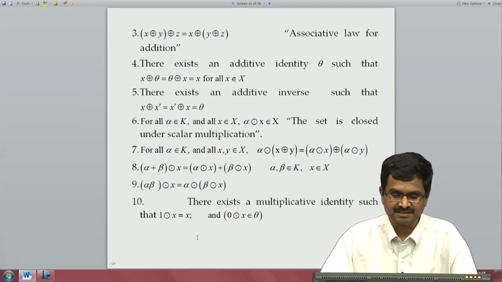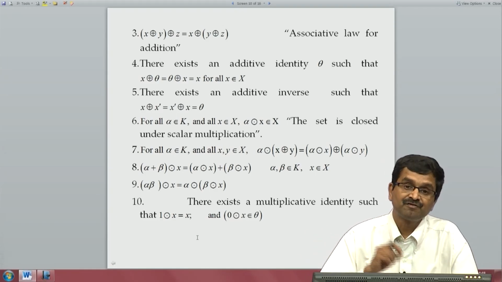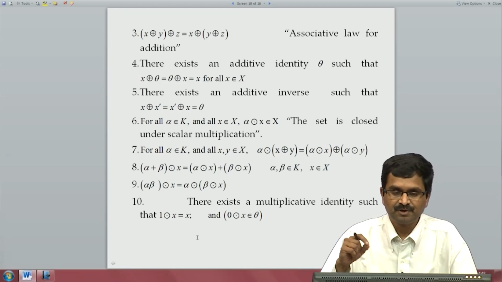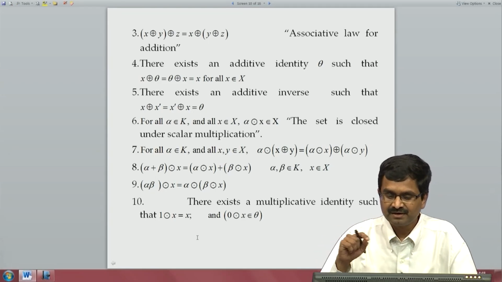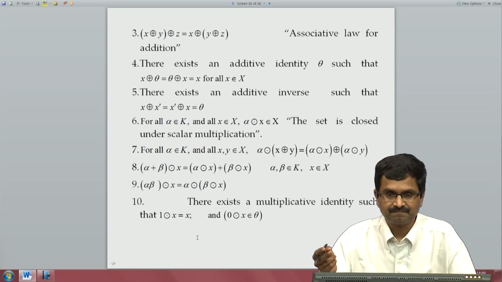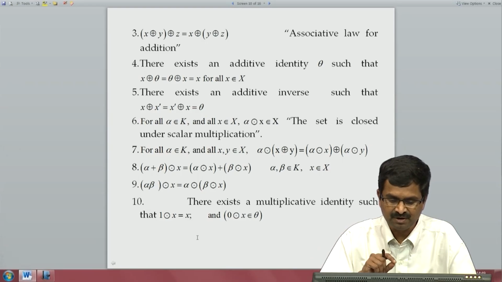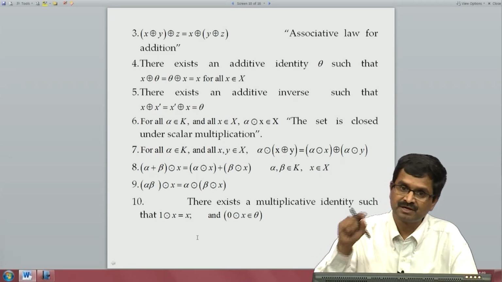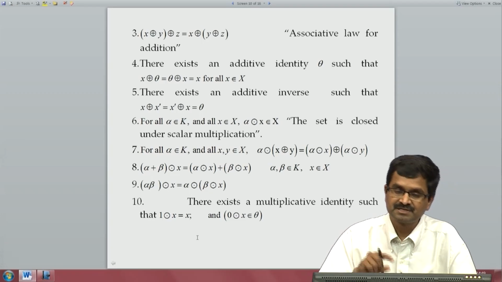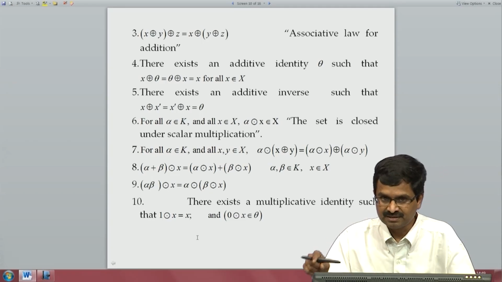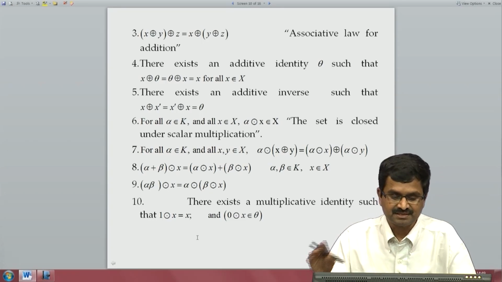The 6th property says that if alpha belongs to the scalar field and x belongs to the vector space capital X, then alpha scalar-multiplied with x will belong to X again. If you take an element small x which belongs to the vector space and alpha belongs to the scalar field, when you multiply them the resultant should belong to the same capital X set.